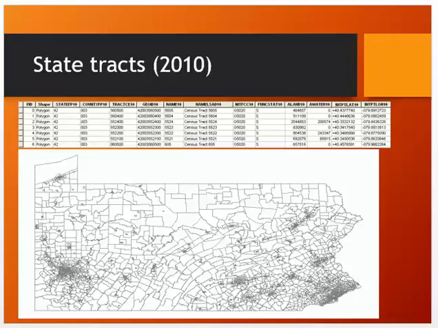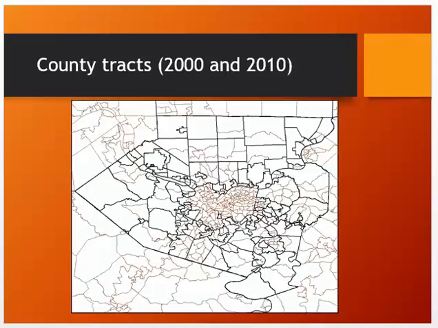Just looking at this, you can see where the population density is. You can see Pittsburgh there on the left, Philadelphia on the right. Out in the rural areas, those tracts are pretty big to get 4,000 people in them. So here is Allegheny County. This is where Pittsburgh is, showing the comparison between the tracts in 2000 in heavy lines and 2010 in the lighter lines.